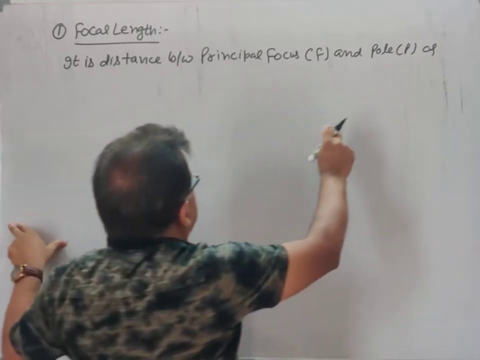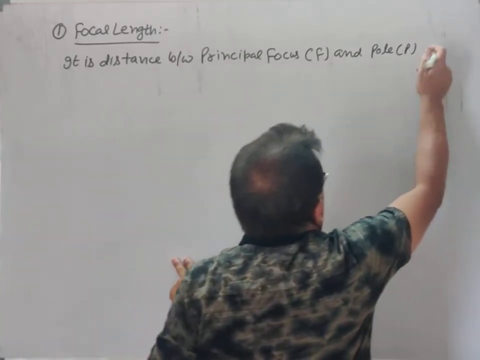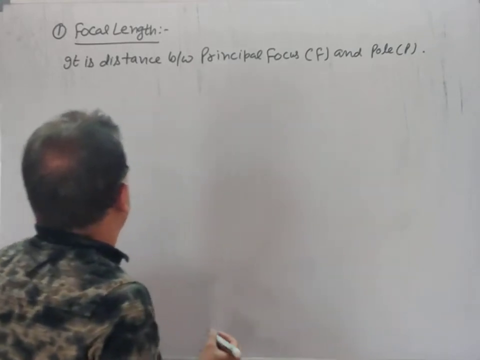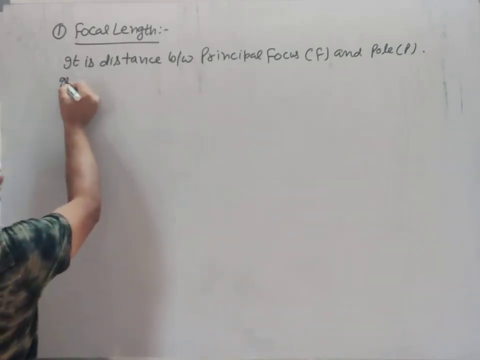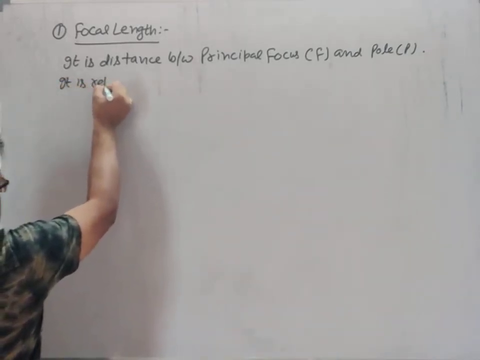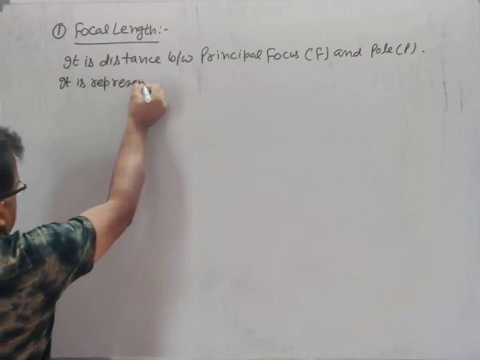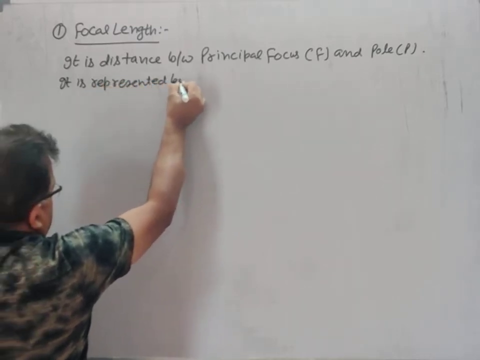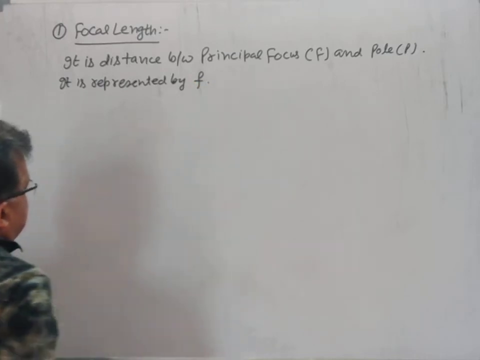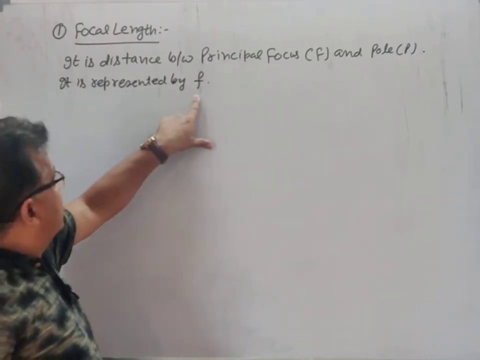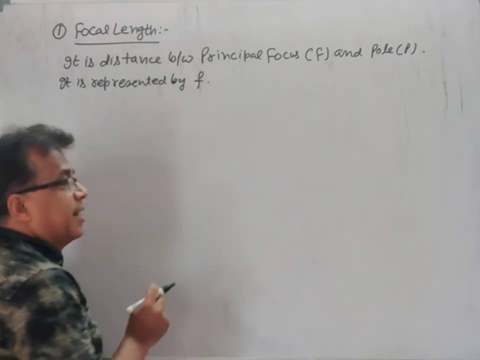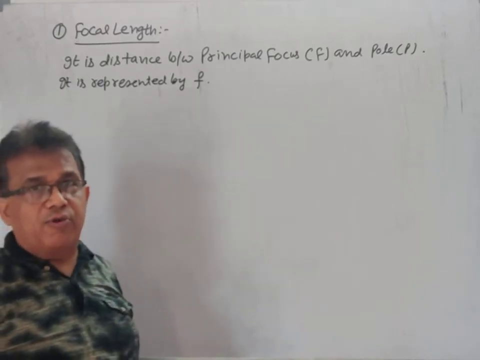It is the distance between principal focus and pole. It is represented by small f. Keep in mind, small f shows focal length and capital F shows principal focus.